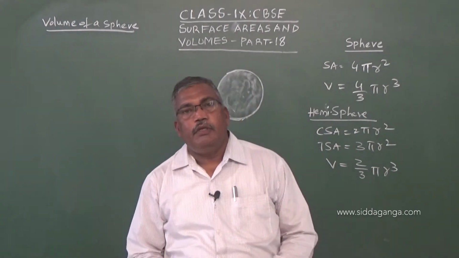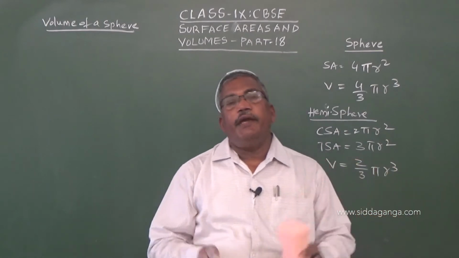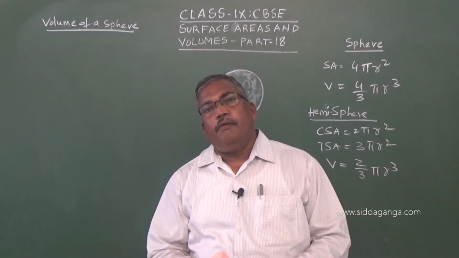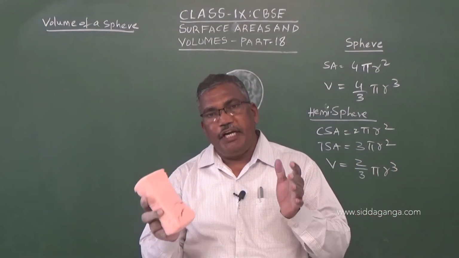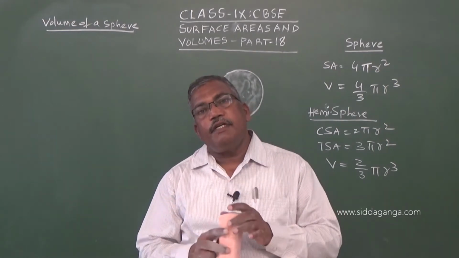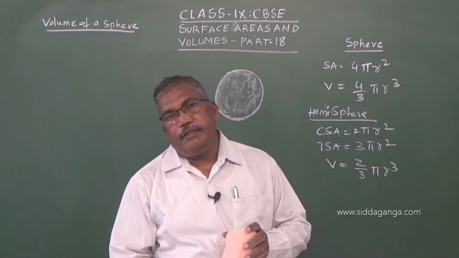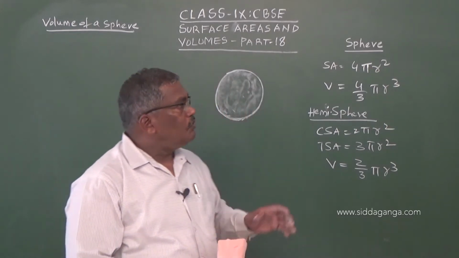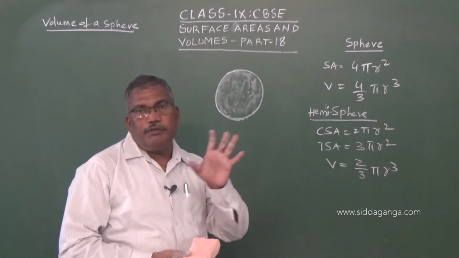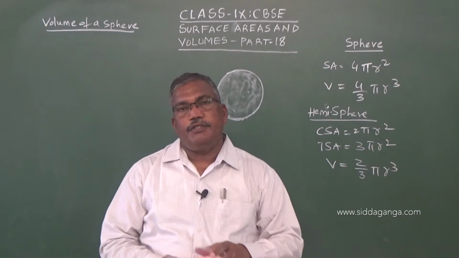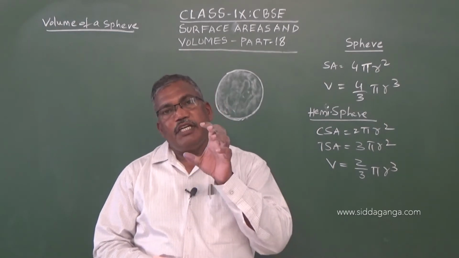Now, a football is also a sphere shape, but inside of it is void. It is filled with air. Whereas a shot put is a solid substance, and likewise a cricket ball.